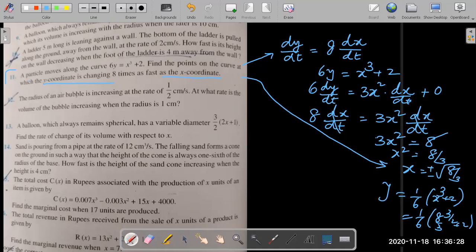Okay, sir. So then next one, 12th question: the radius of an air bubble is increasing. I'll copy this and then paste it onto a separate part here.